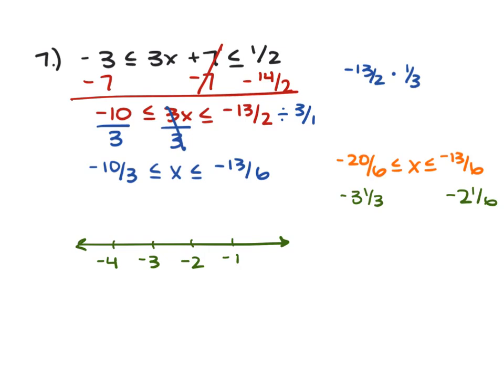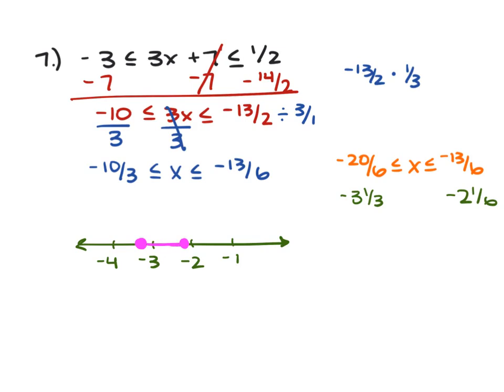So on my number line, that -3 1/3 is going to get a closed circle. It's going to be about here. And then that -2 1/6 is going to get a closed circle, and it's going to be about here.